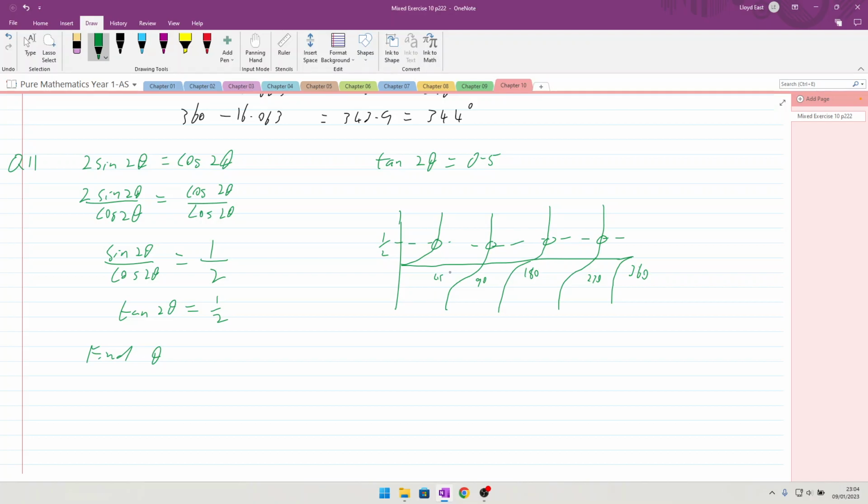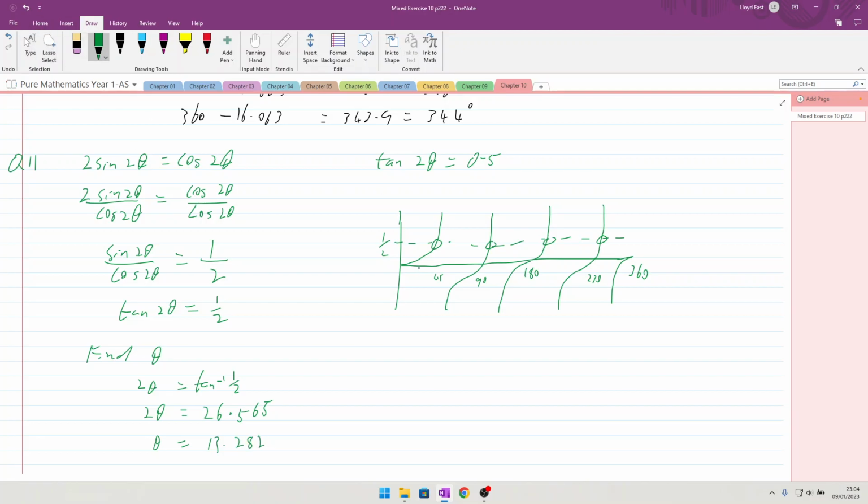Okay, so what do we get when we do tan inverse of a half? So we can do 2 theta is equal to tan minus 1 of a half. So 2 theta is equal to 26.565. And so thus theta is equal to, divided by 2, 13.282.